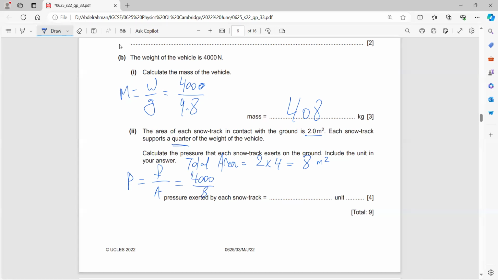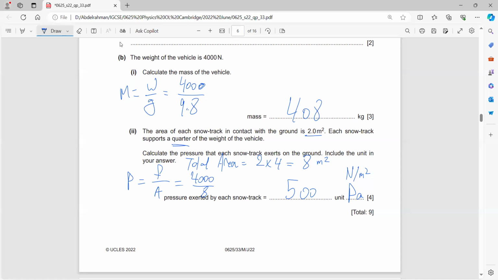This would give me 500. What's the unit? We can write one of two units: either Pascal or Newton per meter squared.